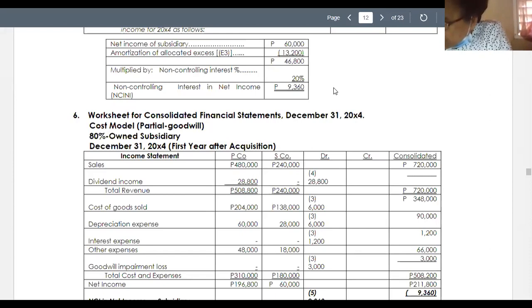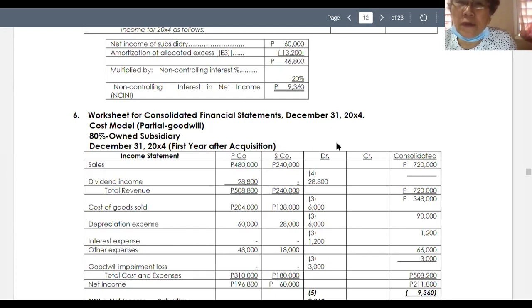Take note. So the total cost consolidated is 508,200. We have the net income consolidated is 211,800.